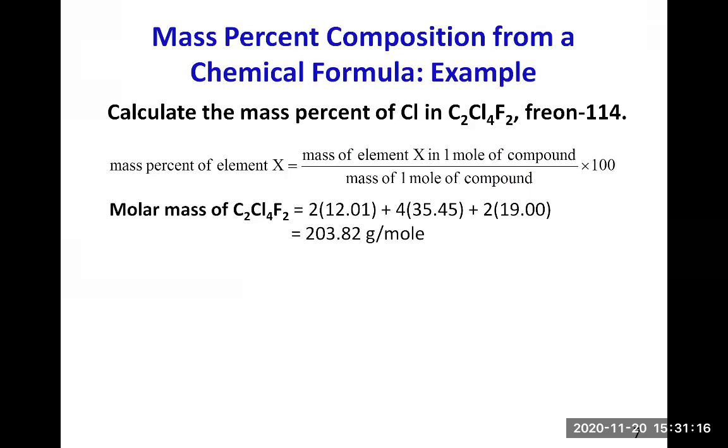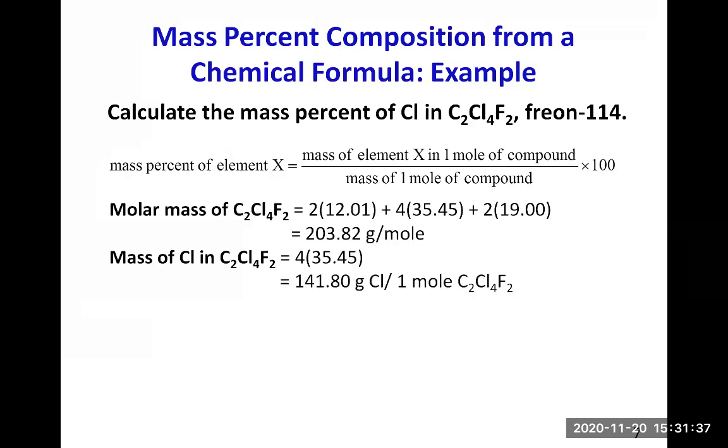So that's the molar mass of the compound. So now let's find the portion of the mass that is only due to chlorine. And so the mass of chlorine in C2Cl4F2 is the part that has 4 times 35.45, because only that is due to chlorine. And that's a total of 141.80 grams of chlorine per mole of C2Cl4F2.